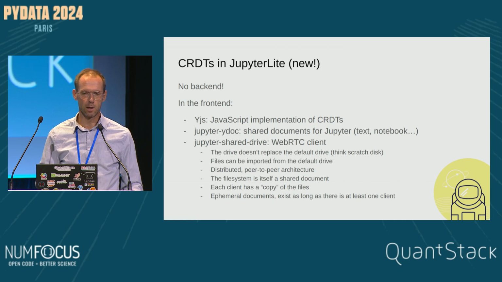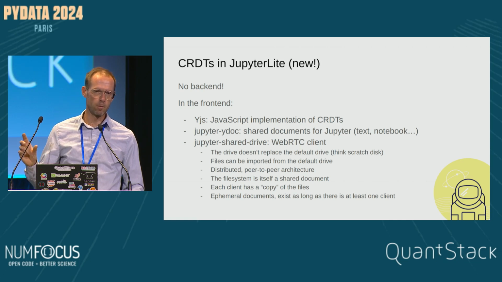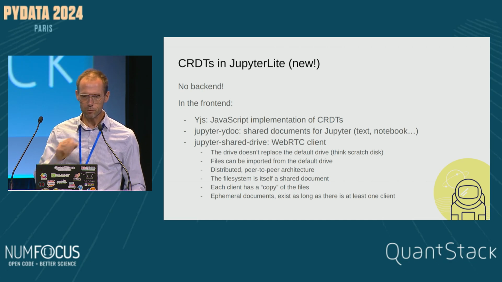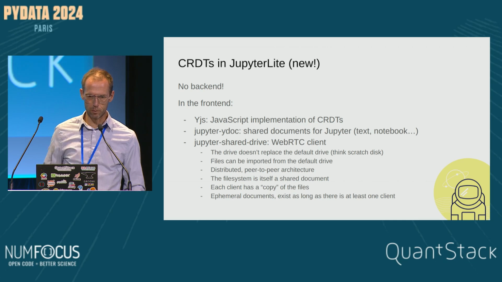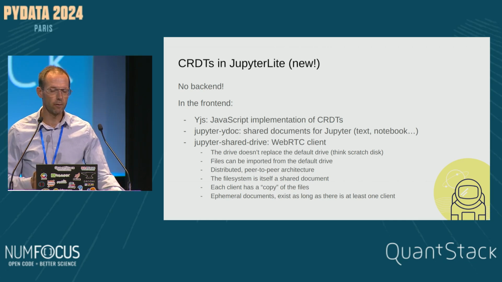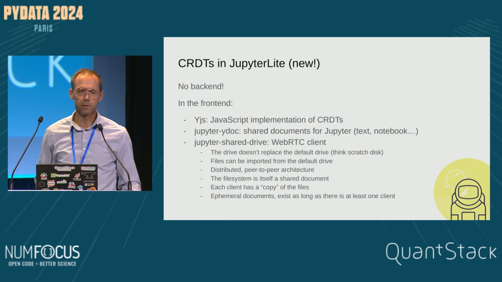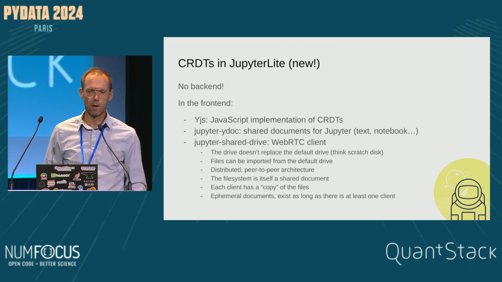So WebRTC connects the browsers between themselves, peer-to-peer, instead of through a centralized architecture. So the drive in Jupyter Shared Drive doesn't replace the default drive as is the case for Jupyter collaboration. You can think of it as a scratch disk when you import files from the default drive.